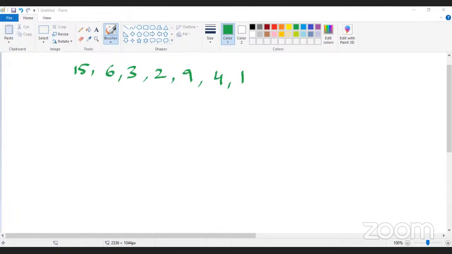I just want to know how this BST will look like with these elements. Can you tell me how to construct the BST?